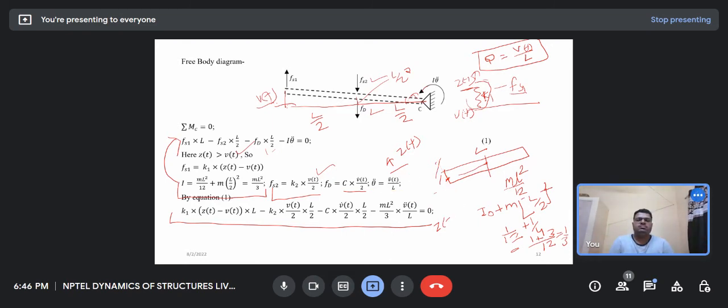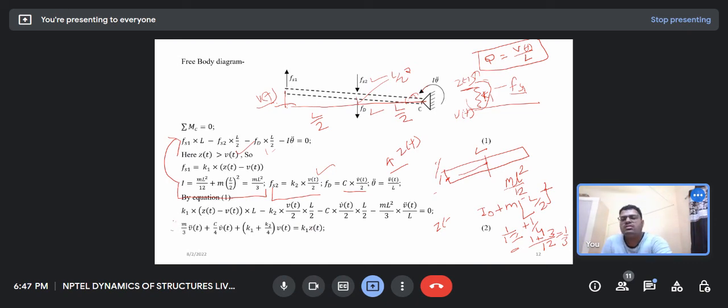Now you can rearrange the terms. After rearranging the terms, we get the final equation in terms of Vt. This is my answer for part A.